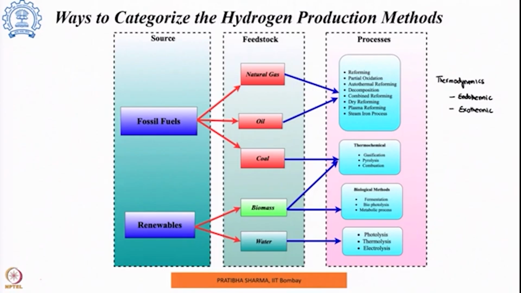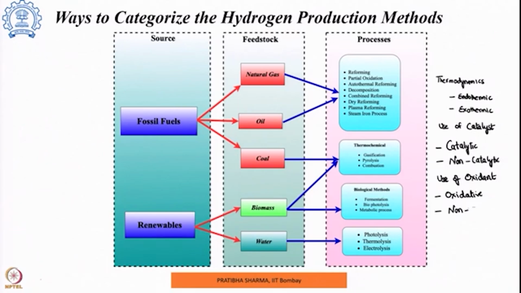We can categorize the processes of hydrogen production on the basis of use of catalyst, the process can be catalytic or non-catalytic. We can also classify them on the basis of use of oxidant, so the process can be either an oxidative process or a non-oxidative process depending upon the use of oxidant.